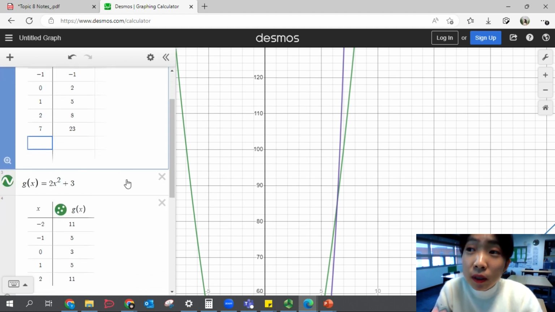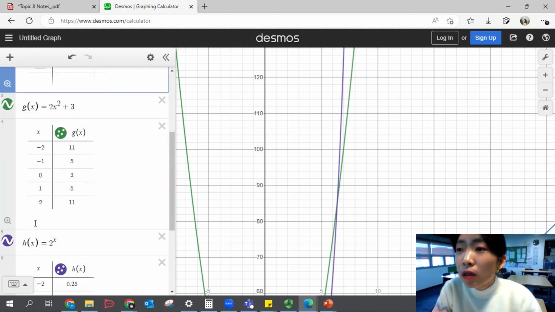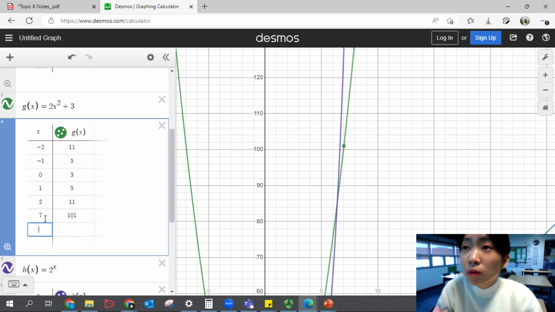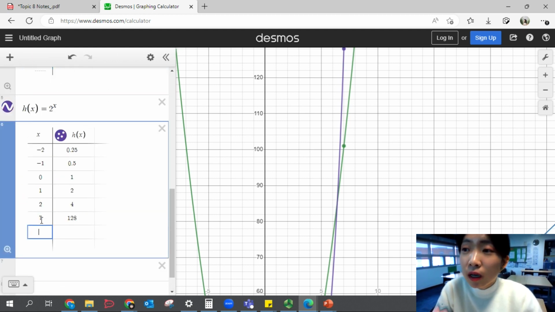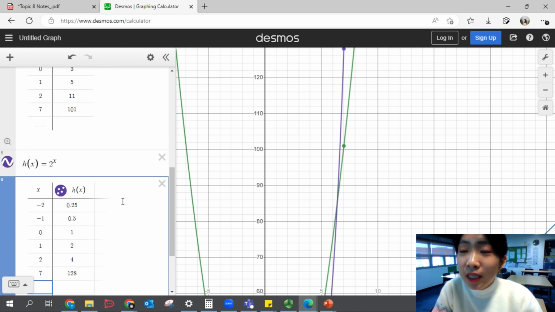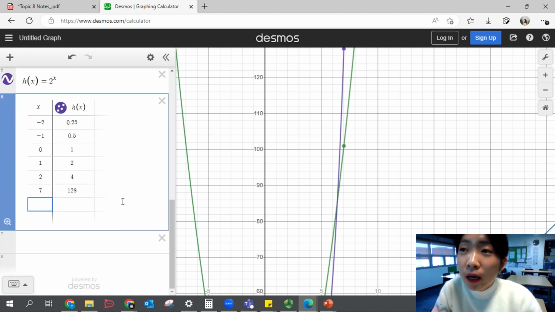F of x is going to be 23. G of x is going to be 101. And h of x is finally going to be 128. So it already exceeds the other two graphs by the time x is 7.